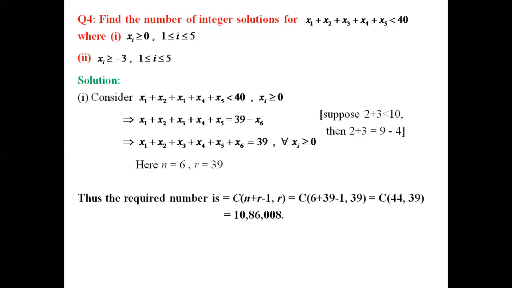Since each of these xi's is greater than or equal to minus 3, let us assume yi as xi plus 3. Taking minus 3 to the LHS, this becomes xi plus 3, and we assume that xi plus 3 as yi, so that each of the yi values is non-negative.